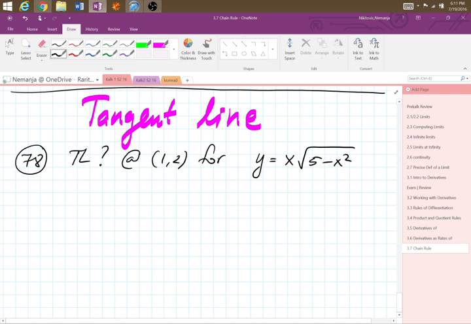So the same procedure. Find the derivative. Once you have the derivative, plug in the point, and then you have your slope, and then use the point and the slope to find the equation of the line. That procedure never goes away. And as I said, the way you take the derivative changes in terms of basic, product rule, quotient rule, chain rule, implicit differentiation, that's tomorrow.